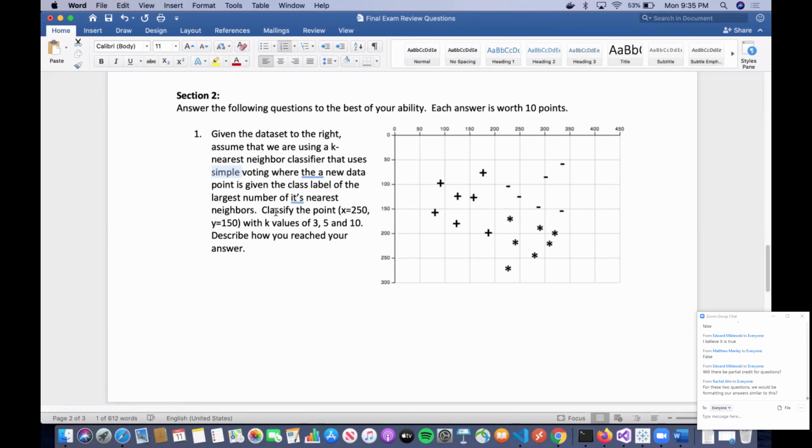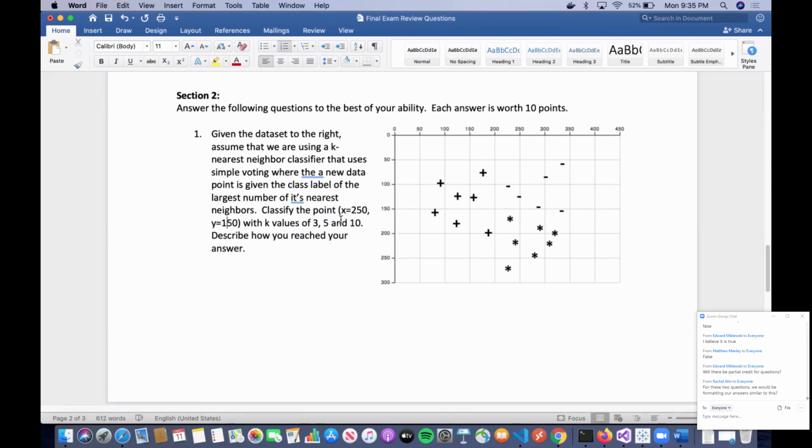What you are asked to do here is to classify the point X is 250 and Y is 150 with a K value of 3, 5, and 10. This means you're going to do this 3 times. The first time, K will be set to 3.